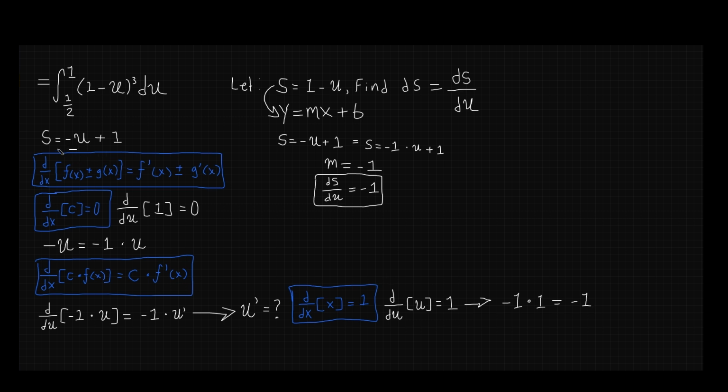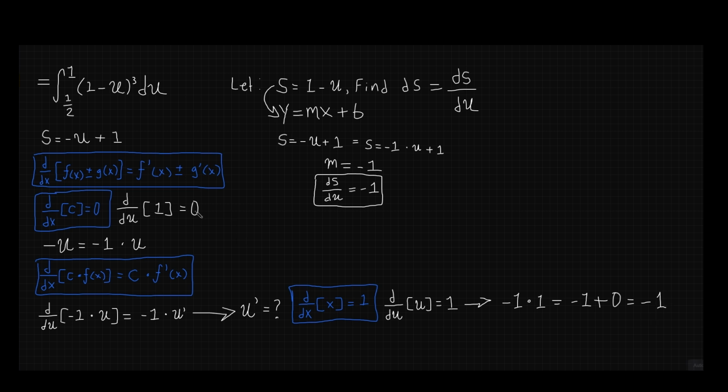But then we have to apply the sum and difference rule up here. So this 0 that we found when we took the derivative of 1, it's going to be added to the derivative of -u, right? And then -u is equal to -1 times u. And then the derivative of -1 times u is just going to be -1 times the derivative of u, and we found that the derivative of u is going to be 1, and then we did -1 times 1, which is -1, and then to apply the sum and difference rule for the derivative, we're going to just add 0, and then we get -1.